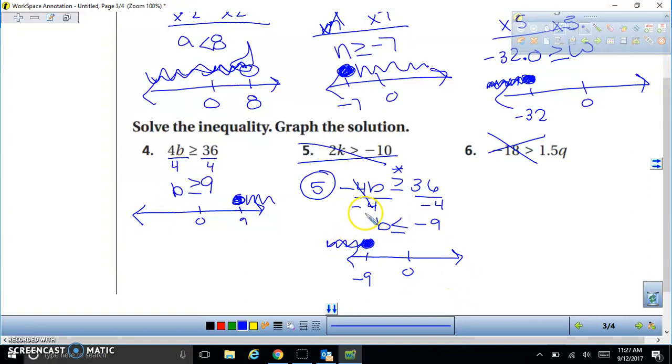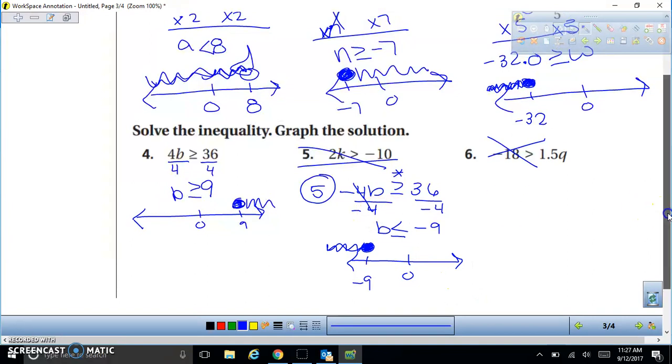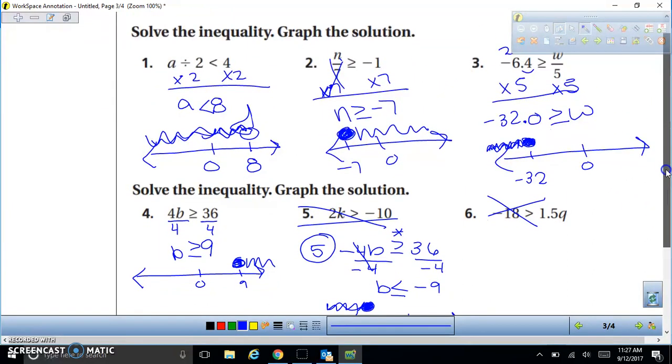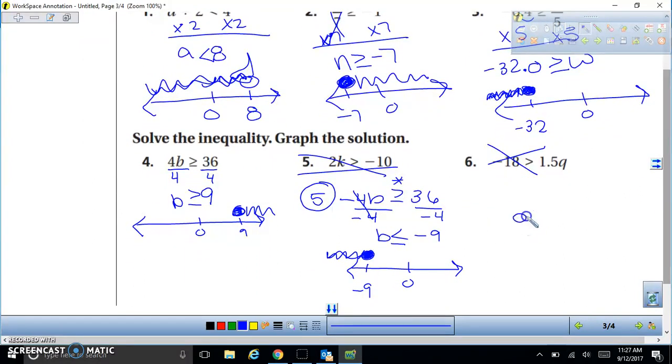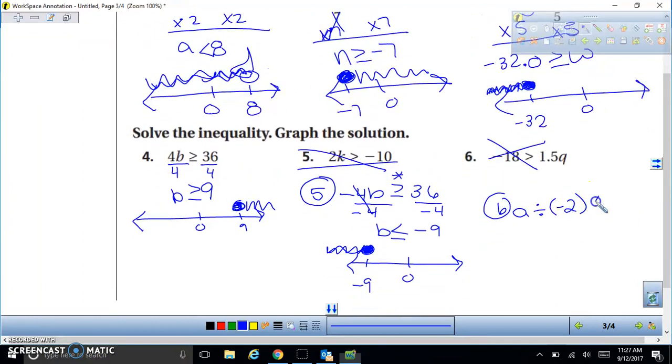Let's do another example where it's negative. I'm going to choose the one like A. This is our new example 6, A divided by negative 2 is less than 4. All right, here's case 2.